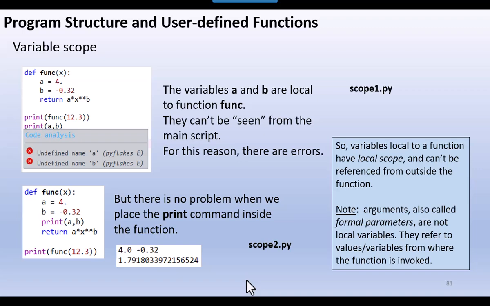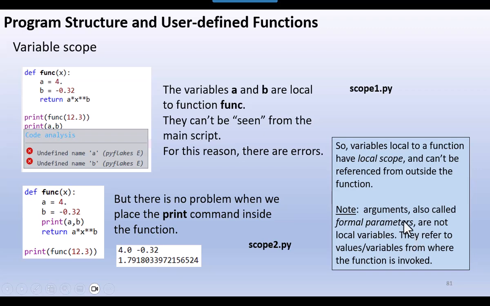And the other comment we make over here on the right is that arguments to functions, such as x up here, all right, those are called formal parameters, and they are not local variables. I apologize for the phone ringing here. It will stop in a moment.